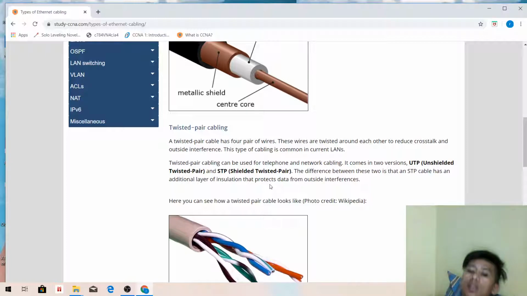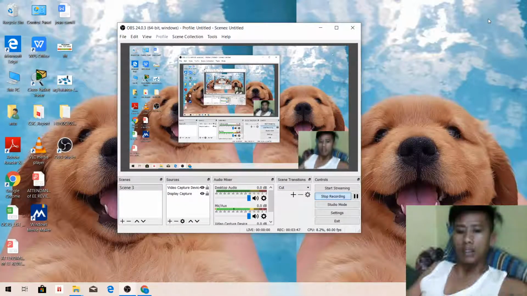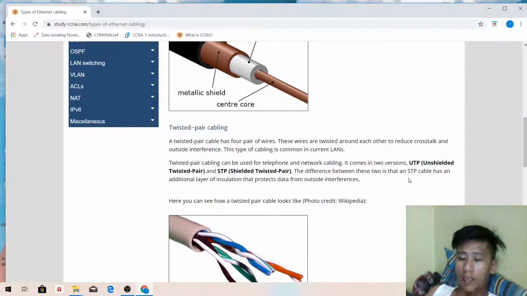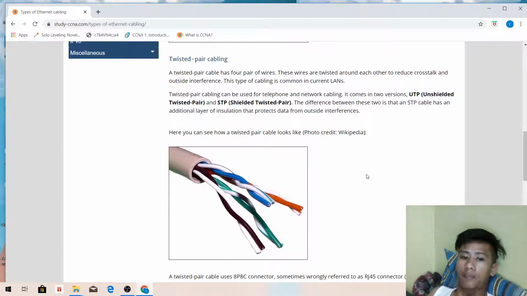The difference between these two is that the STP cable has an additional layer of insulation that protects data from outside interference. There is a picture created by Wikipedia.